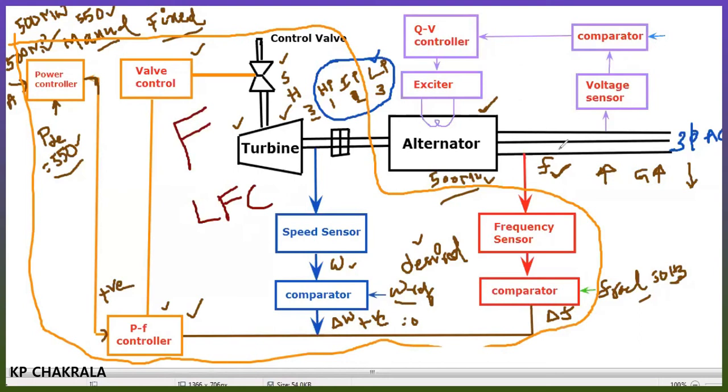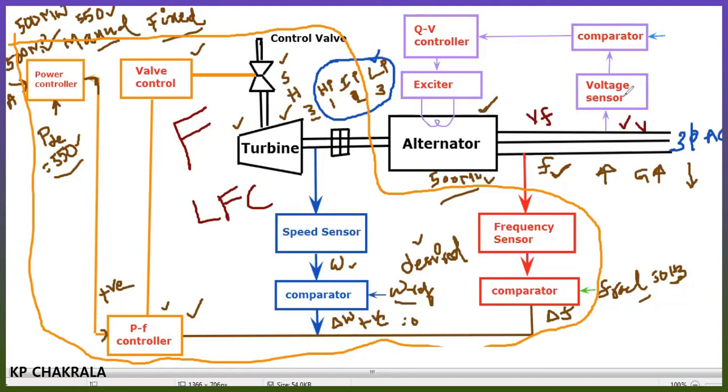So here the generated voltage, the output of the alternator, is there, and the supply has a voltage and frequency, and this voltage sensor will measure the voltage of the supply. Generally the voltage at the generating stations is generated at 11 kV.